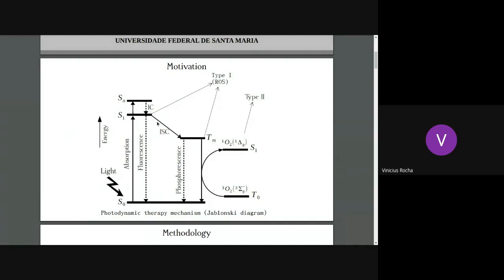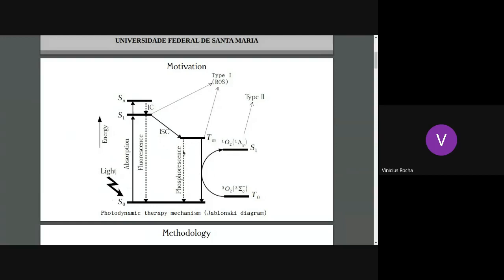Here, the molecule can come back to another excited state by a process that we call internal conversion with the same multiplicity, or it can go through another state of different multiplicity by a process that we call intersystem crossing.